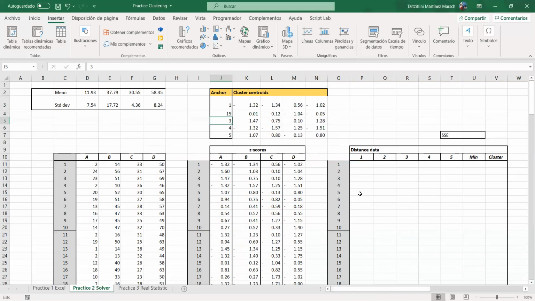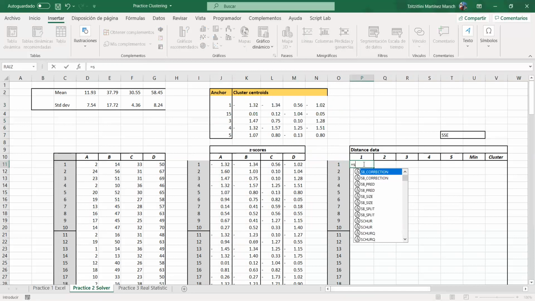Okay, the distance, if you remember, is going to be our formula, which is called SUMA of (x minus y) squared. This is our matrix X, okay?